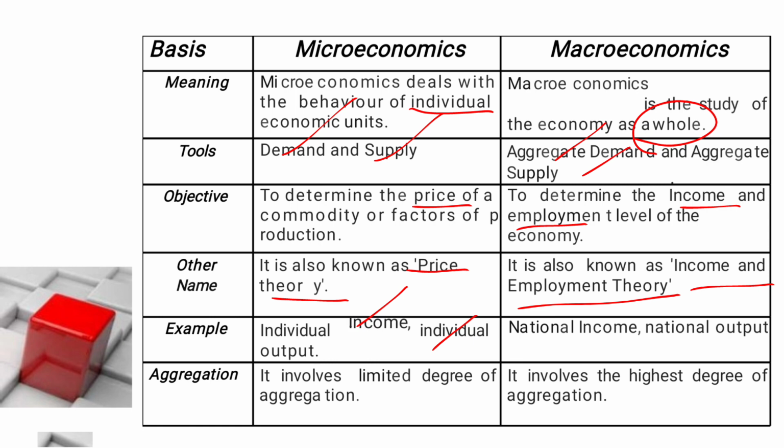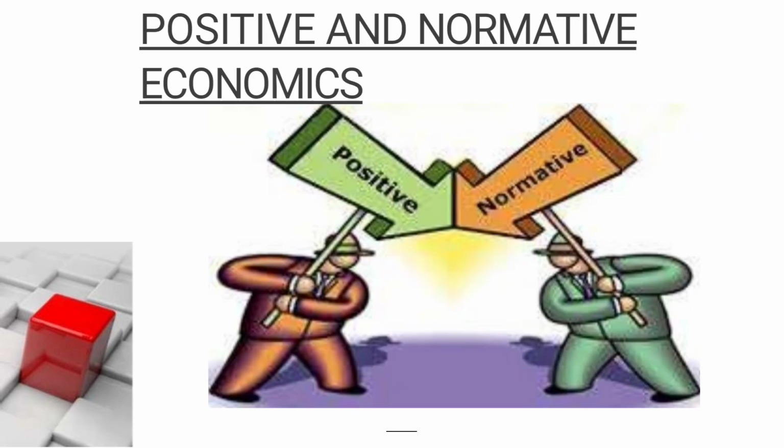For example, it studies the national income, the inflation, the bank rate. All this we can classify under macroeconomics. Microeconomics involves a limited degree of aggregation, and here it needs the highest degree of aggregation. So this is a commonly asked question, what is the difference between micro and macroeconomics?